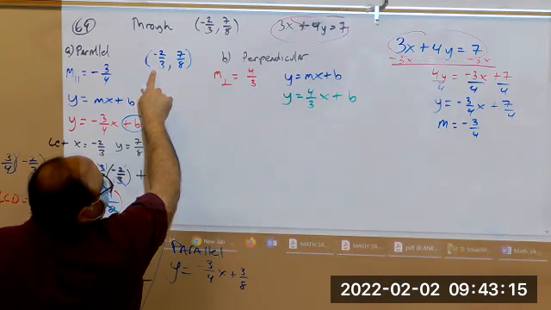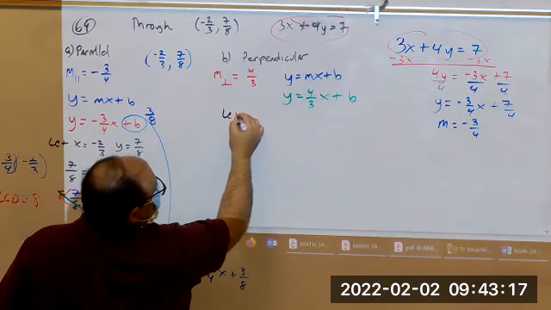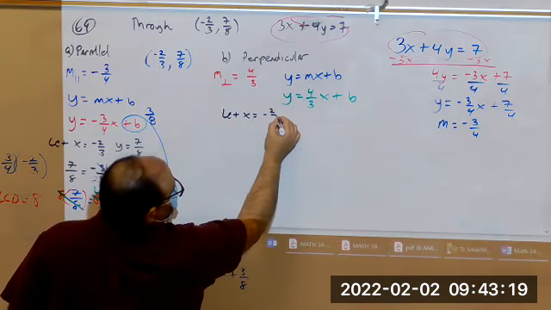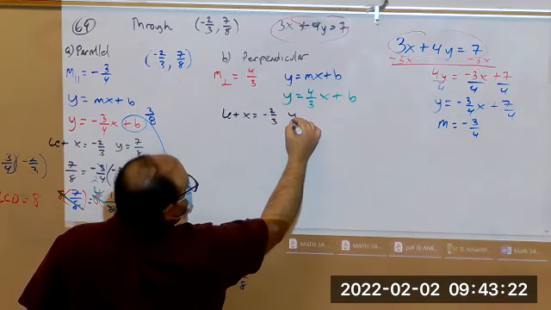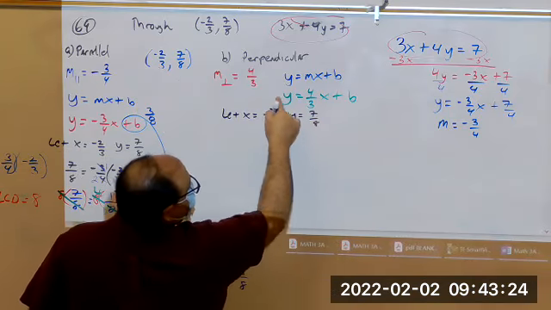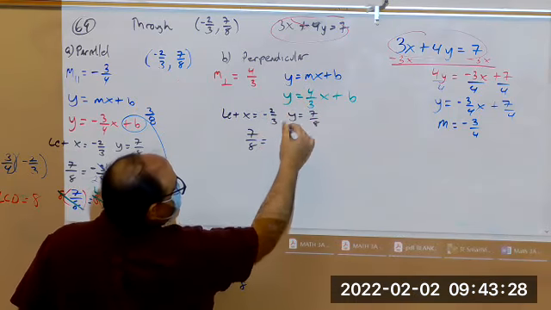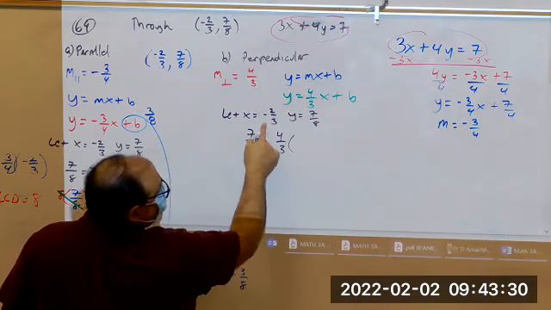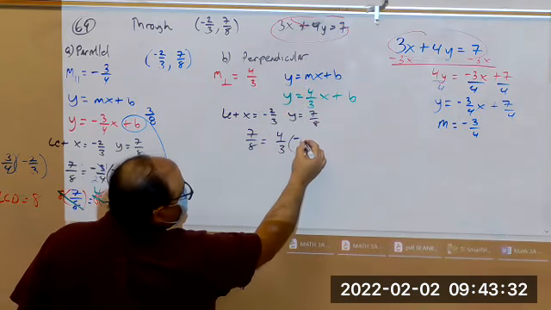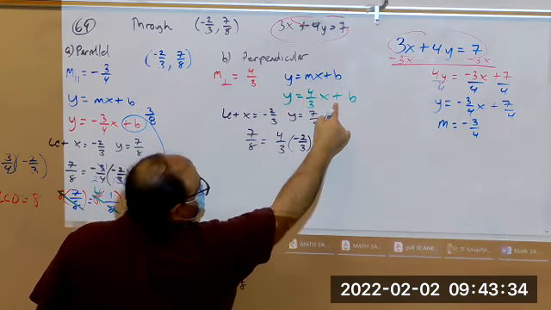So I'm going to let the x equal negative 2/3 again, and the y is 7 over 8. So 7/8 is equal to positive 4/3 times x, which is negative 2/3, plus b.